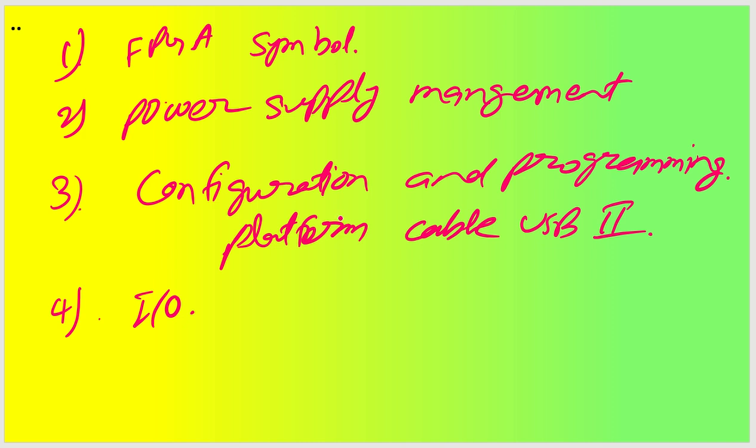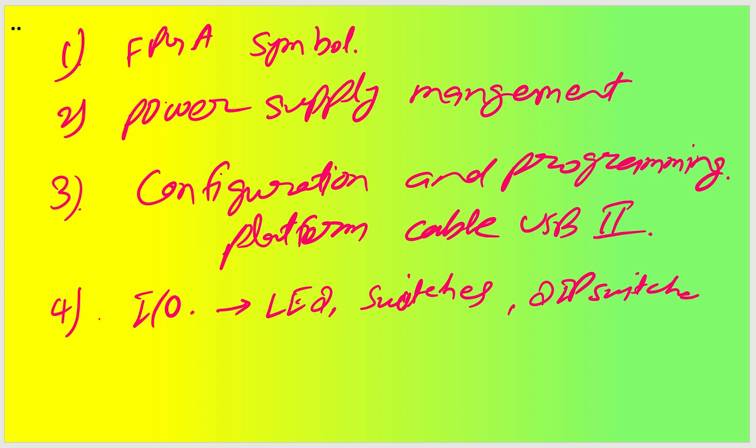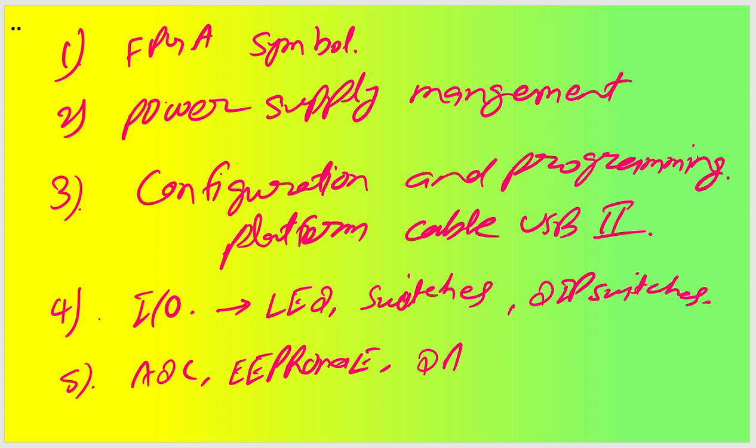So we'll try to connect, like how to connect LEDs or switches, then push buttons or switches is fine. Then we have DIP switches. We'll also connect several other peripherals like how to connect ADCs or EEPROM and DAC. So these are the different things.